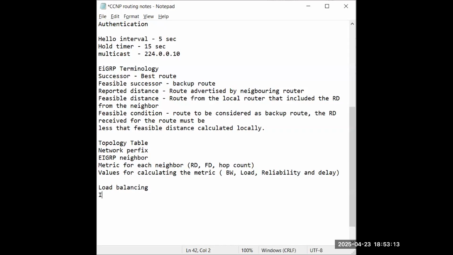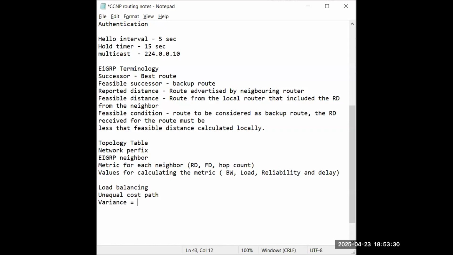Load balancing, we are going to do unequal cost path. For that, we use a parameter called variance.